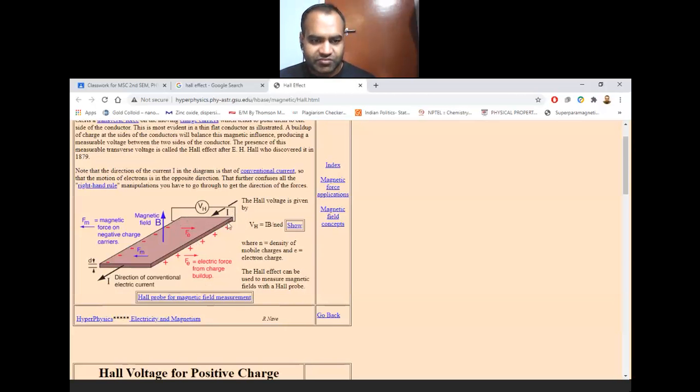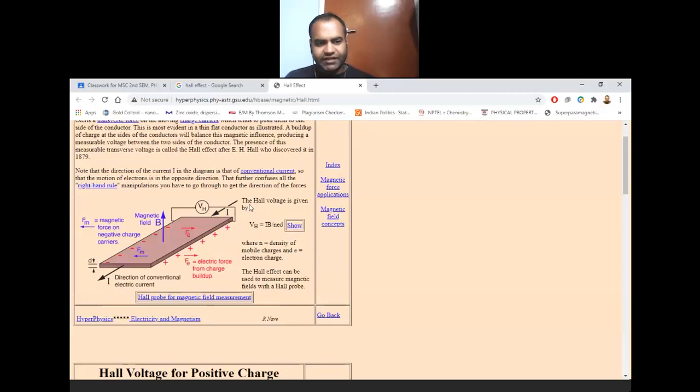Due to this separation of charges, a voltage will be developed across the specimen, not along the length of the specimen, but across the width of the specimen. So negative charges on one side, positive charges on the other, and because of the charge difference on either side, a voltage difference will be generated.